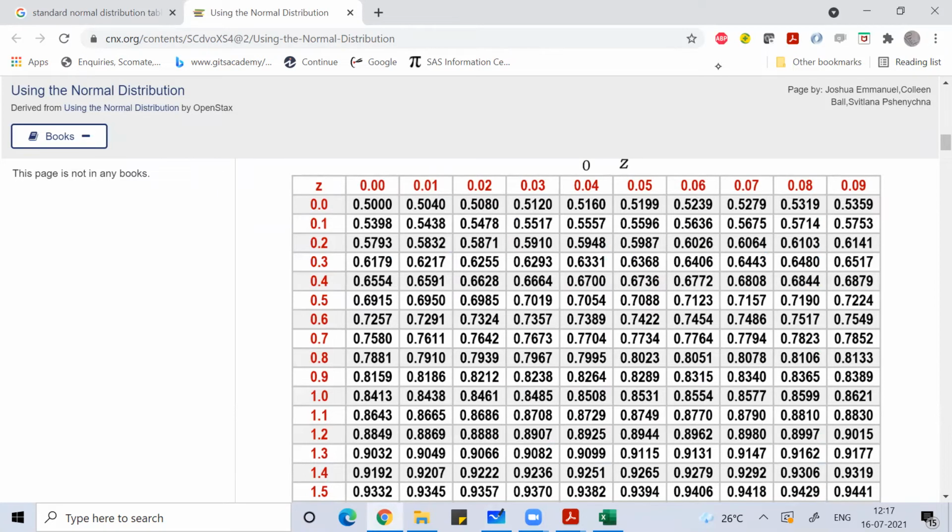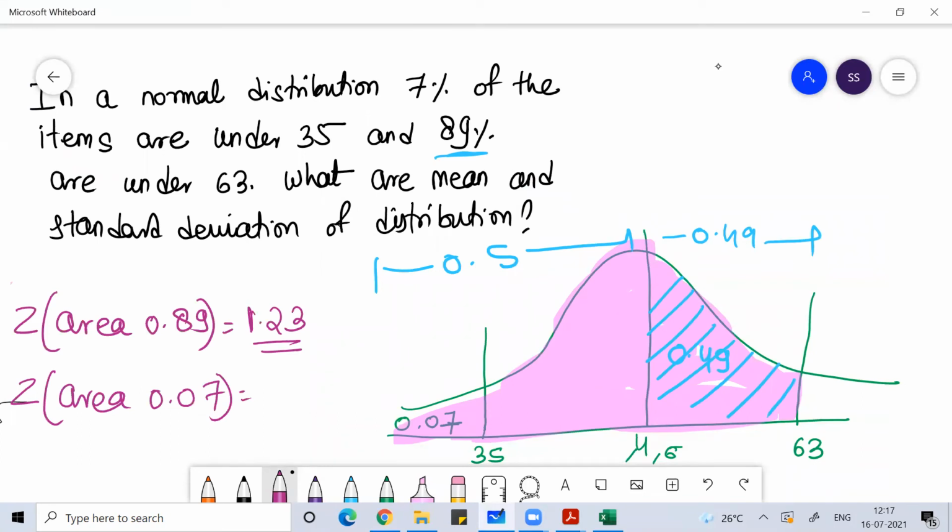So the Z value corresponding to the area 0.07 is 0.18.